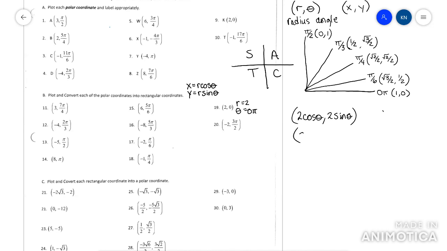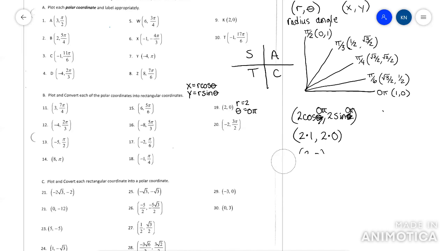So that's 2 times cosine of 0, which is 1, and 2 times sine of 0. I wrote thetas, I meant to write 0 pi's here, because that's my theta. But anyway, sine of 0 pi is 0. So this one would just be at 2 comma 0. So converting them that way is not that bad. Just follow this equation right here.